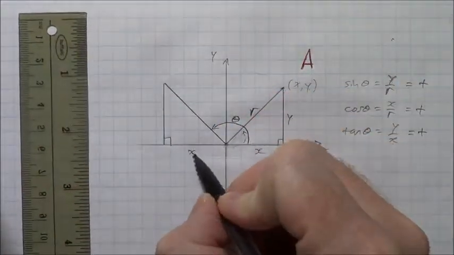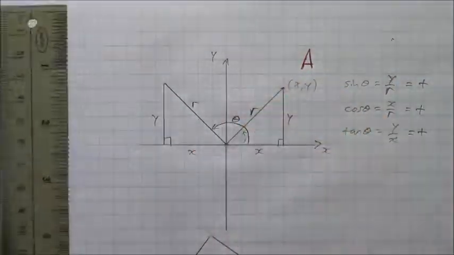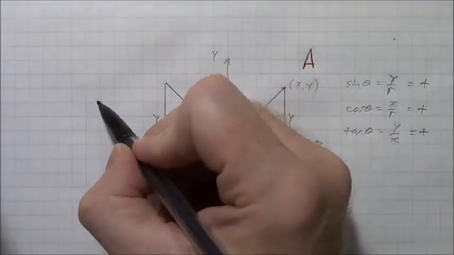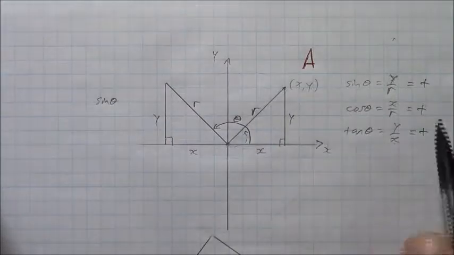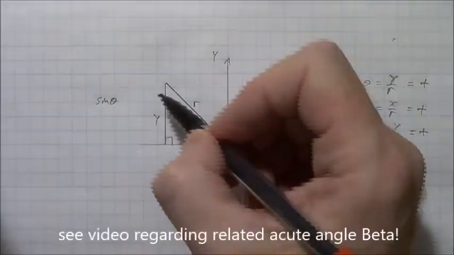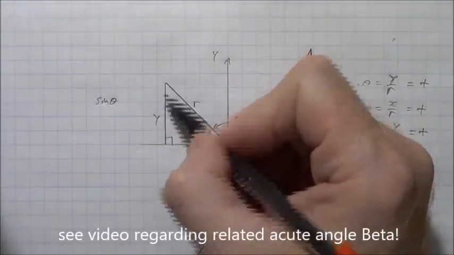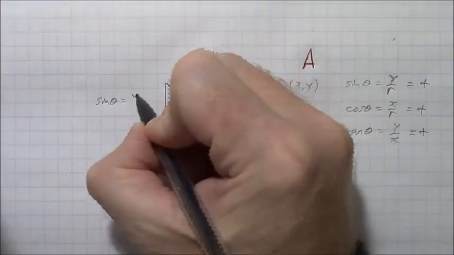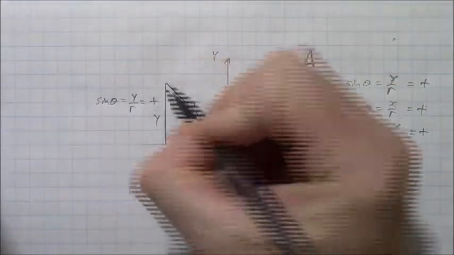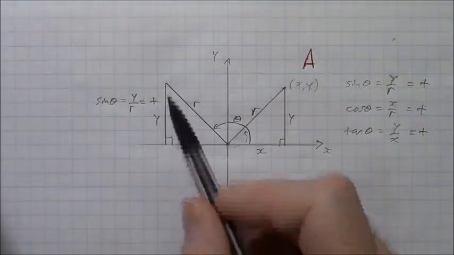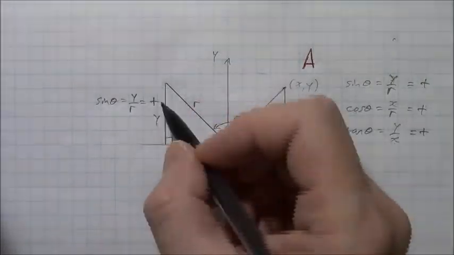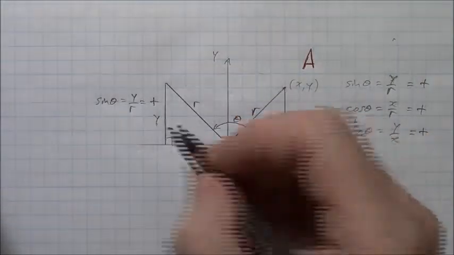We've got x on this side, y here, and r over here. Sine theta is, again, y over r. This y distance is above the x-axis, so y is positive, r is always positive, so that results in a positive sine ratio.